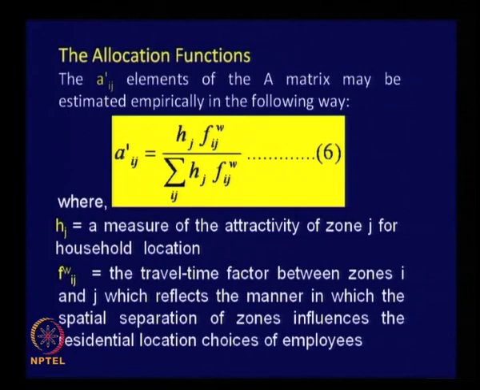And look at the denominator, it is the sum of the same for all the zones. Are you able to recollect some equation similar to this, which we have already done? Friction factor, yes, in trip distribution analysis.